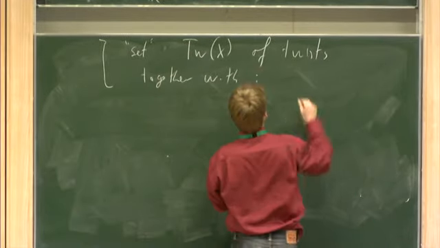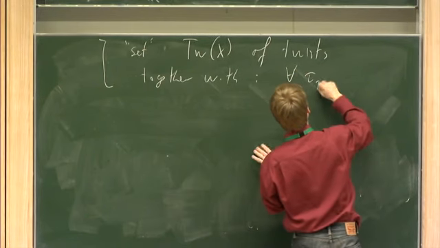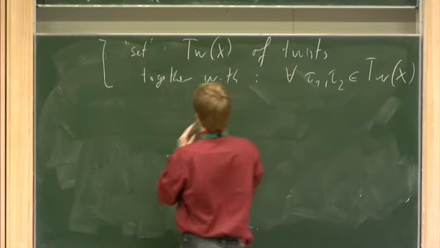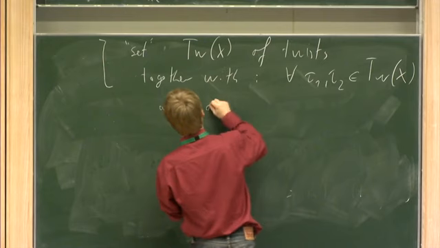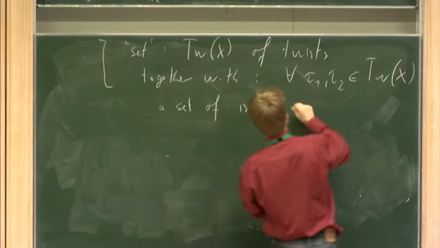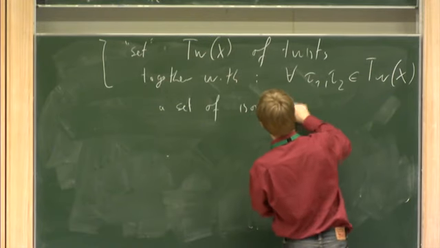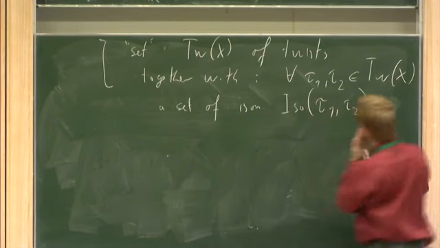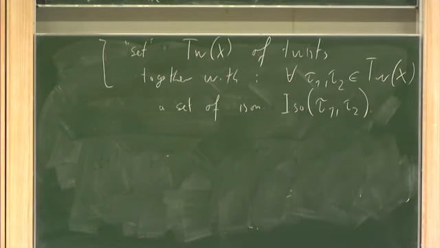Together with, for any two twists, a set of isomorphisms from tau 1 to tau 2. And functorial assignment means if I have a map between spaces, I can pull back the whole business, the set of twists as well as the isomorphisms between those. Okay, that is what twists are for me.